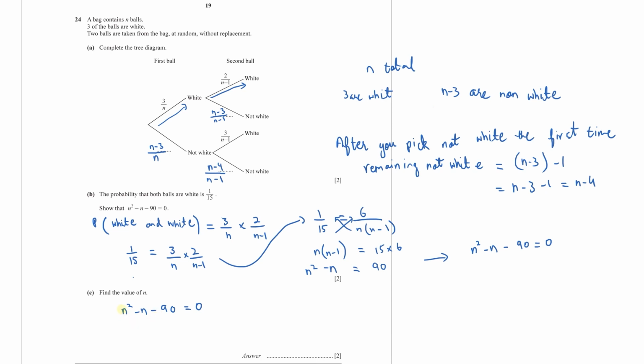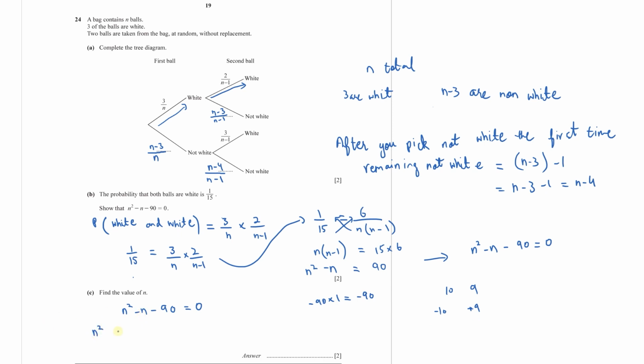So minus 90 times 1 equals to minus 90. Since this is minus, I need to find two factors of 90 that if I subtract them, I should get minus 1 here. So the two factors are 10 and 9. If I have negative 10 and positive 9, if I multiply them, what do I get? Minus 90. And if I add them, minus 10 plus 9 is minus 1, which is exactly what I want.